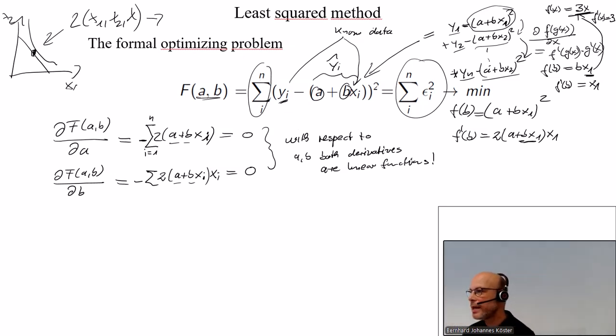And what we have here now is we have two linear functions, two variables, and for such a system, it is just a system of linear equations with number of equations equals number of variables, and there we know that we can in general solve this problem.